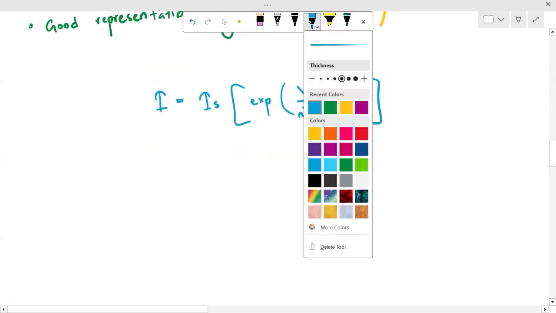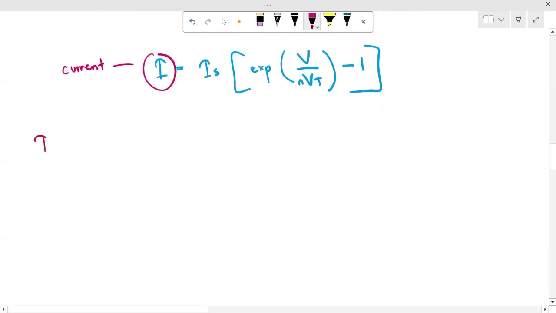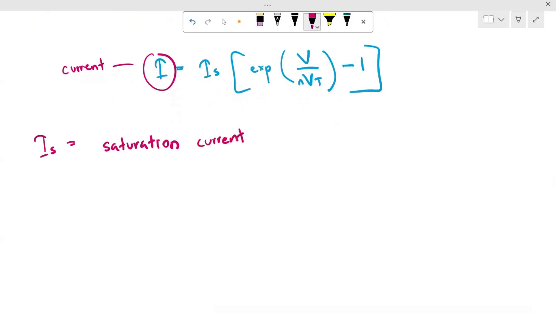Now, what are these letters and what do they represent? Well, I, we know for one is current. What's Is? Is is the saturation current of the diode. Then what's Vt?